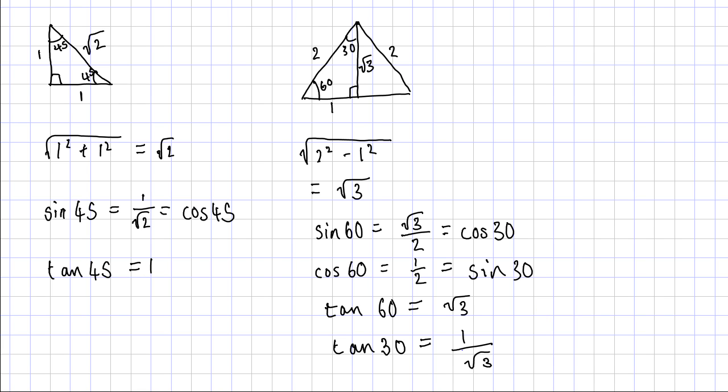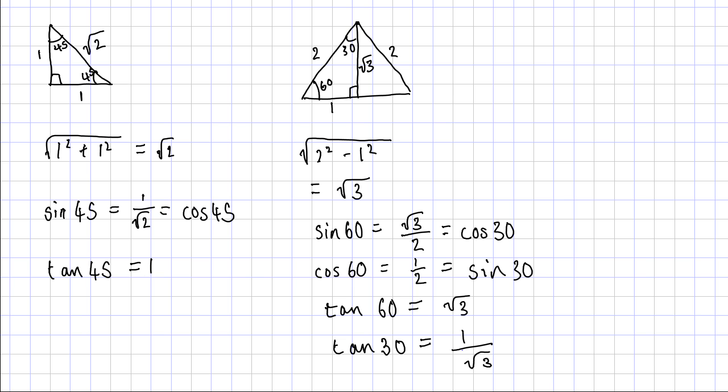If it's an angle of 45, 60, or 30, we can substitute these values. If I'm working with sine 60, I know that's root 3 over 2. If I'm working with tan 60, I know that's root 3. If I'm working with sine 45, I know that's 1 over root 2, and I can substitute that instead of sine 45.